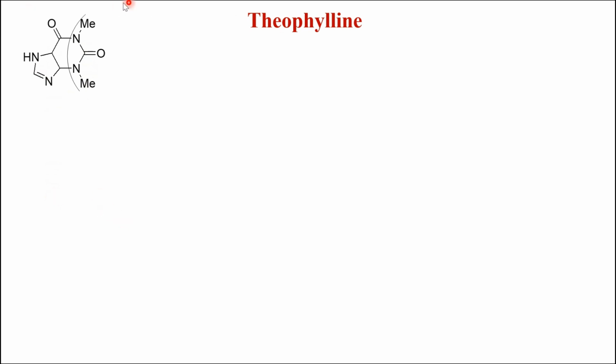I can cut this molecule in this fashion. I'll get N,N dimethylurea as one of the synthons. I'll break this part where the amino group I can introduce, and I can break this part where the carbon group I can introduce, and this part is 3 carbon and 1 nitrogen donor.